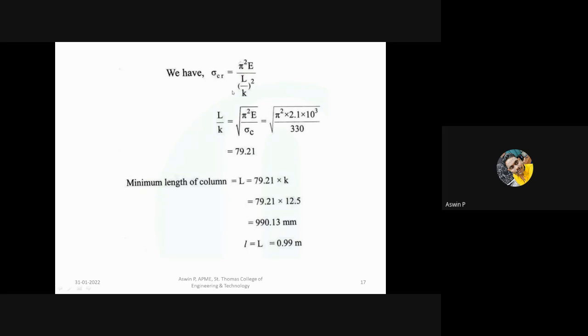As we have an equation, P is equal to pi square EI divided by L divided by K whole square. So load divided by area. No need of this much calculation. We have load as, 1 minute, load as PCR equal to what is that PCR?